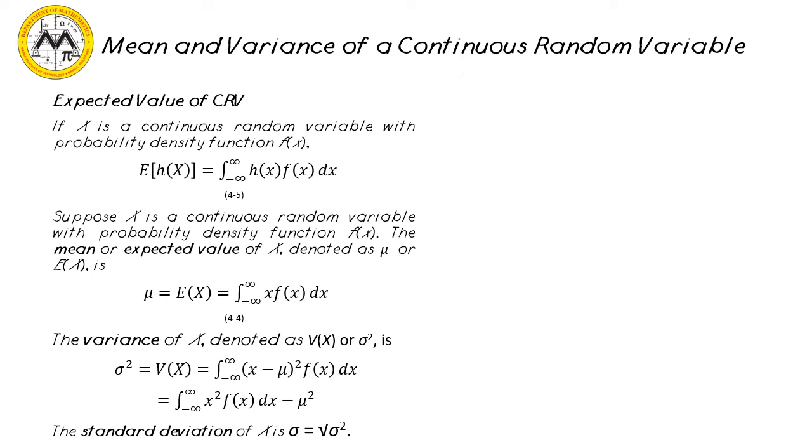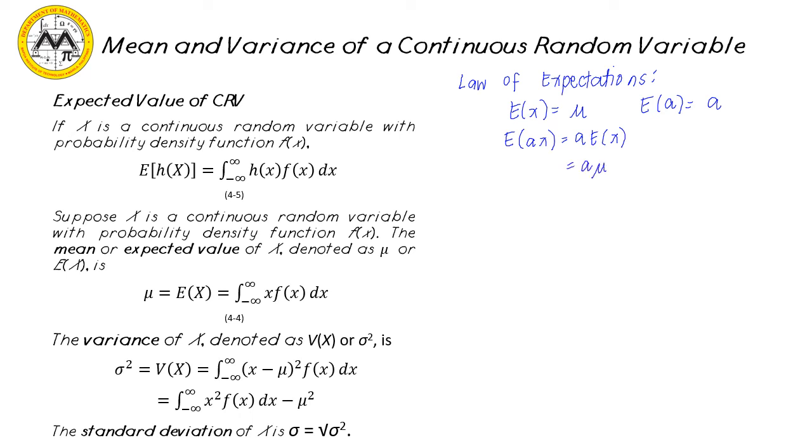Take note that the law of expectation also applies such that the expected value of x is the mean. The expected value of a constant is that same constant. If a constant is multiplied to x, it would just be a times the expected value of x, or simply a mu.